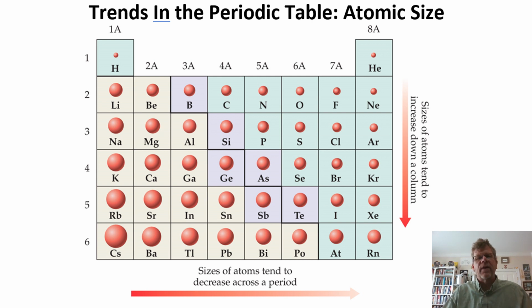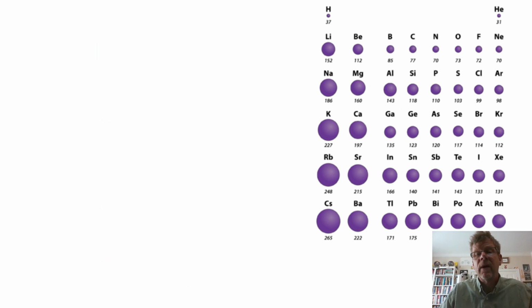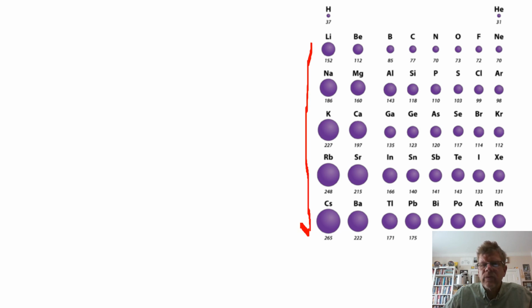Let's take a look at another rendition of the S and the P blocks on the periodic table showing this difference in atomic size. So going down a column in the periodic table, why do the atoms get bigger? Well, there's more stuff there, more electrons, protons, and neutrons as we go from the upper regions to the lower regions.